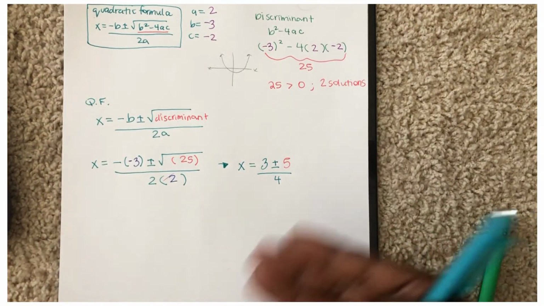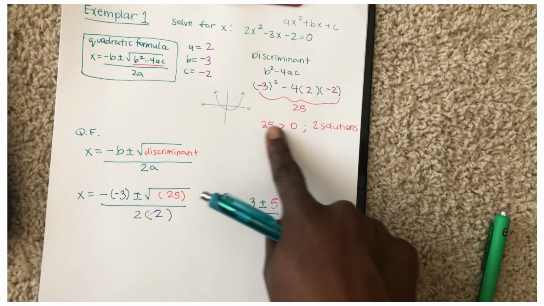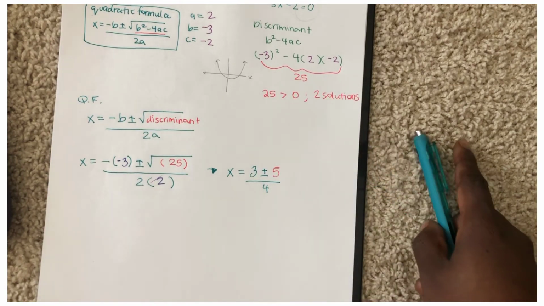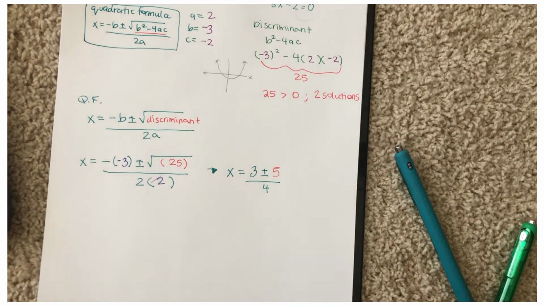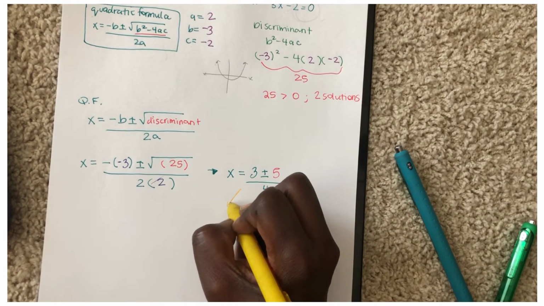We're going to separate this into 2 different equations. But we already kind of knew that was going to happen because our discriminant, 25, was greater than 0, and it said we would have 2 solutions. So now we're going to separate this into 2 different equations based on that plus or minus sign.